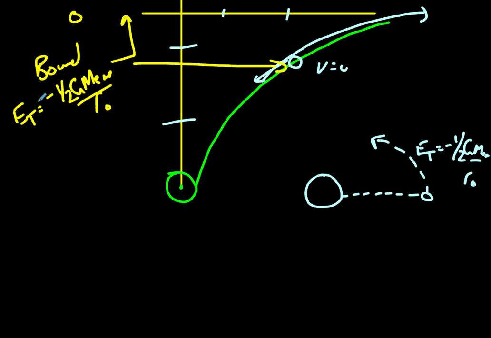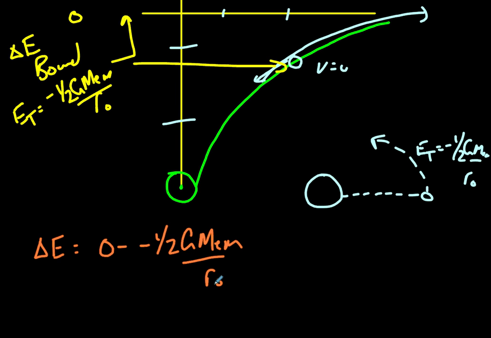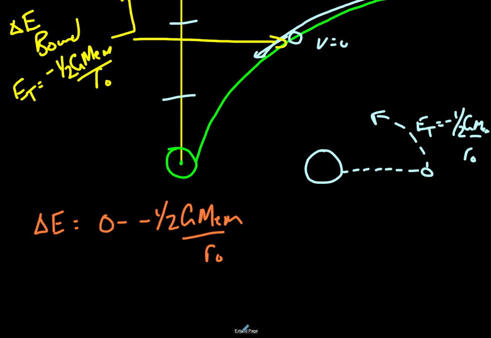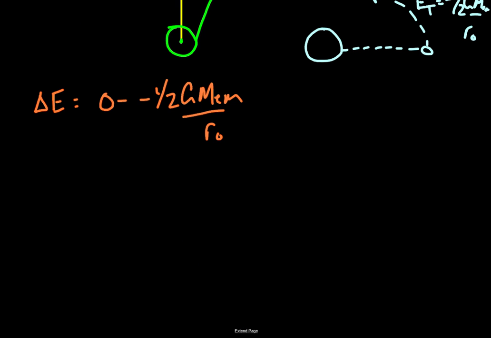So we need to find the delta E to pull this object out and never have it come back. The delta E, of course, is just final minus initial. So 0 minus negative 1/2 G M_E m over R naught, and that just turns it into a positive value. It's the same thing, but it's positive, right?